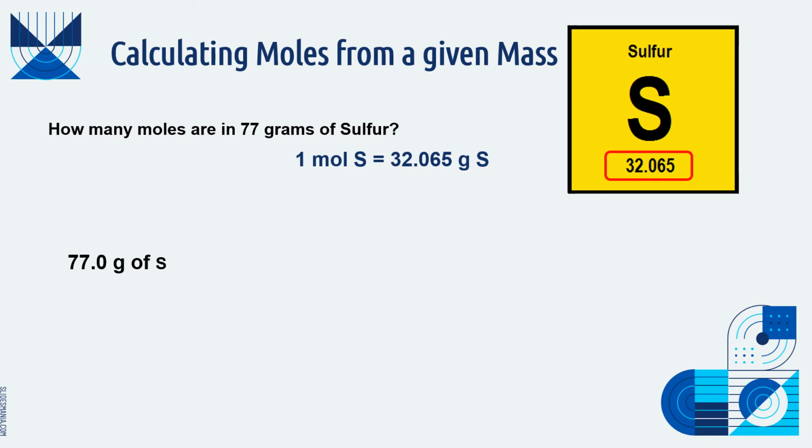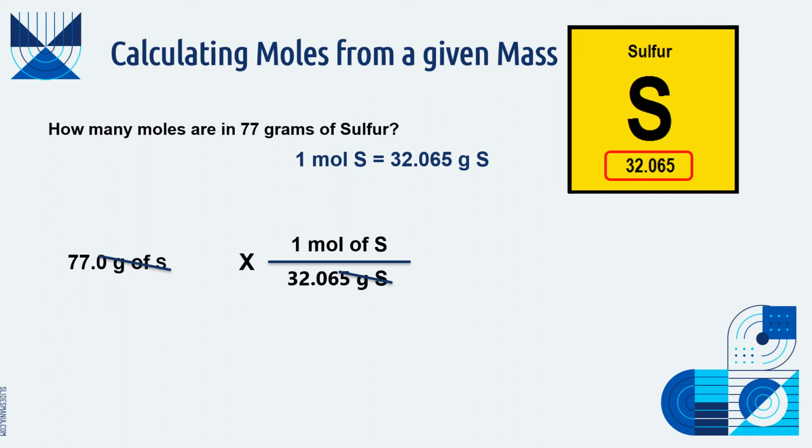So 77 grams of sulfur times in every 1 mole of sulfur, there is 32.065 grams of sulfur. So what we're going to do is we have to divide 77 grams by 32.065 grams of sulfur. So once we do it, we can now cancel some unit.